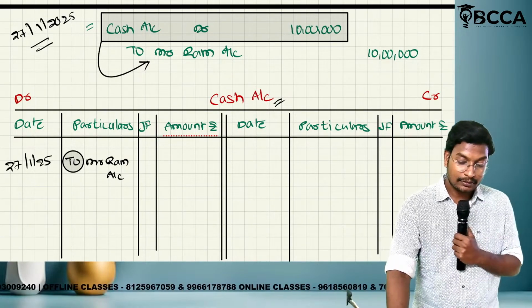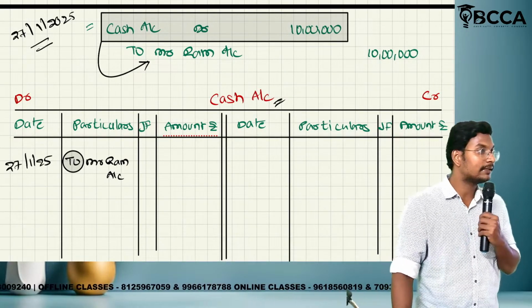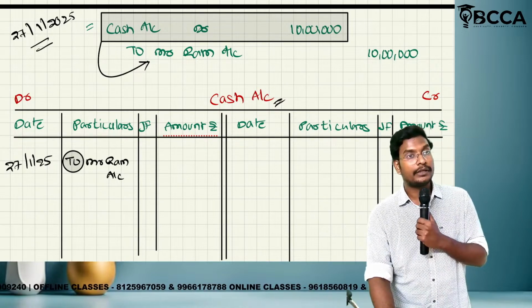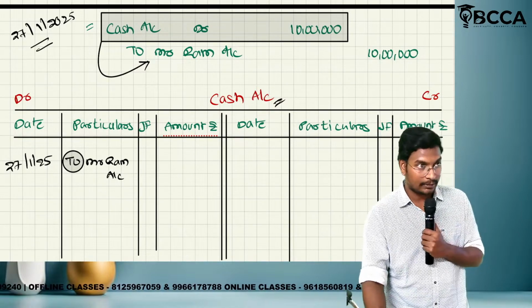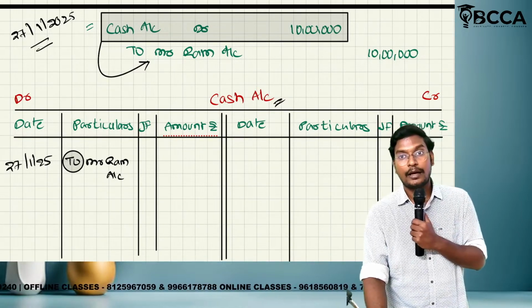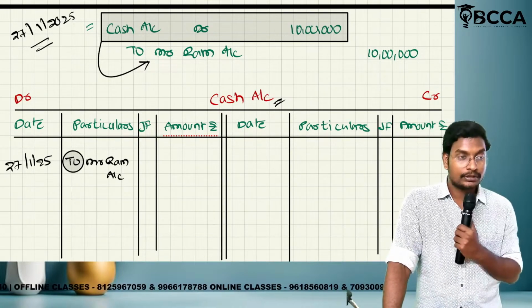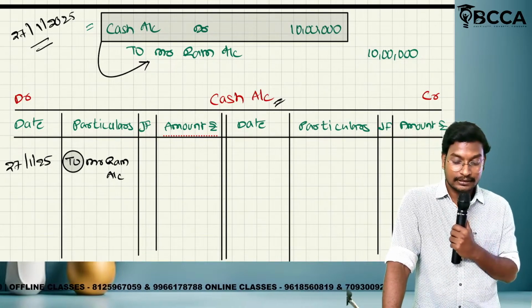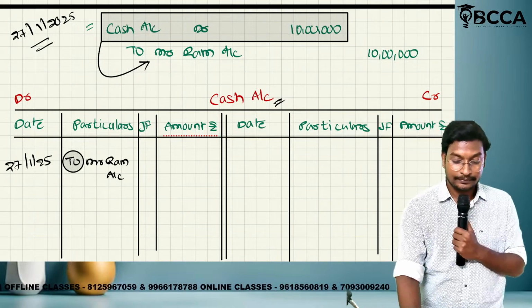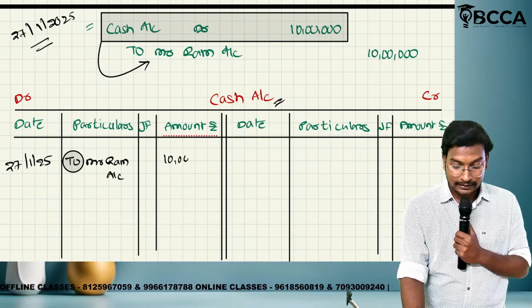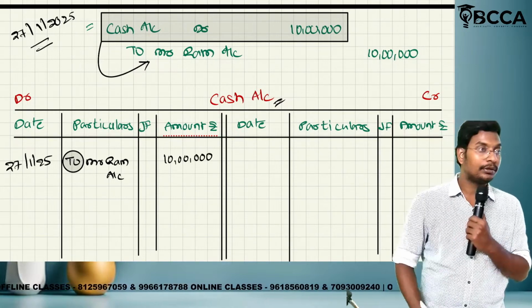In the cash account we should not use the word cash again. We record with the name of the opposite asset, Mr. Ram, so we use 'To Mr. Ram account'. The amount is 10 lakhs.